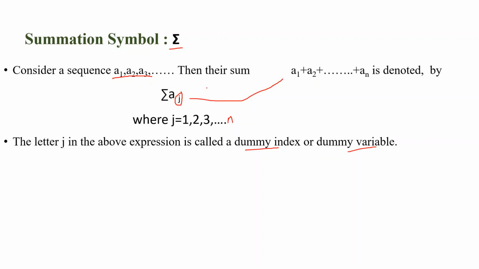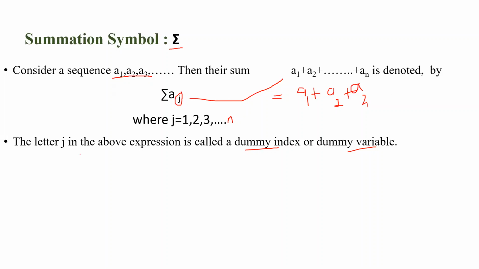So to expand it, instead of j you will write a1, and then the next one is a2. The sigma symbol indicates that all these numbers have to be added. So it will be a1, and then the j variable will be replaced by 2, then a3, like that, up to an.